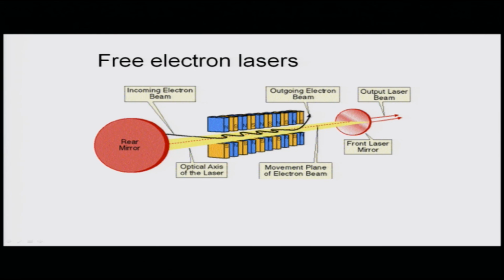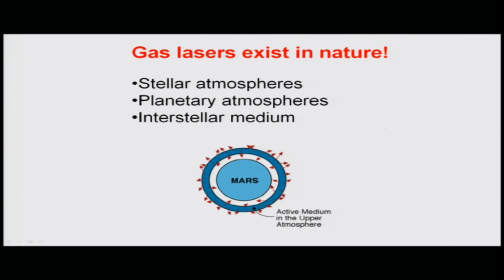There is another small quick example of the free electron laser here, which also has a very high tunability, but it requires a lot more energy to start with the system. It works with the principle of an electron beam, and the output laser beam is visible, or it has a wide range of spectrum that you can get into the infrareds and many other wavelength regions, and here the electron beams are being oscillated and amplified, and as a result of that the associated electromagnetic radiation gets amplified, and so you get the lasing output.